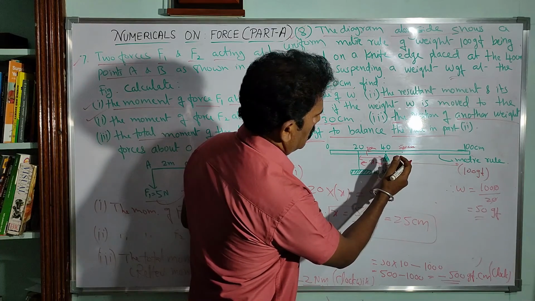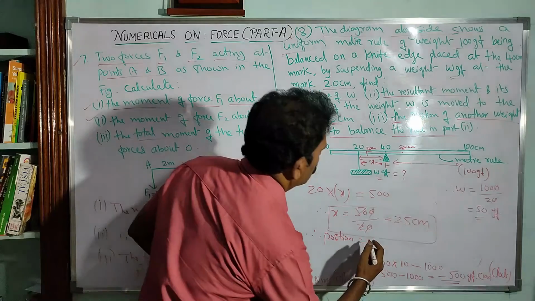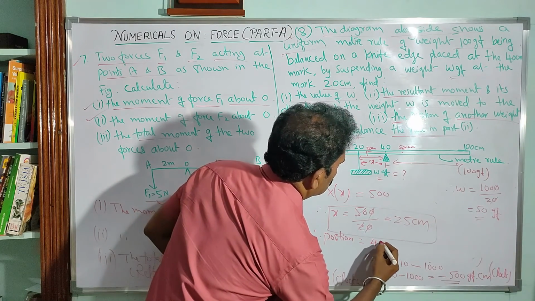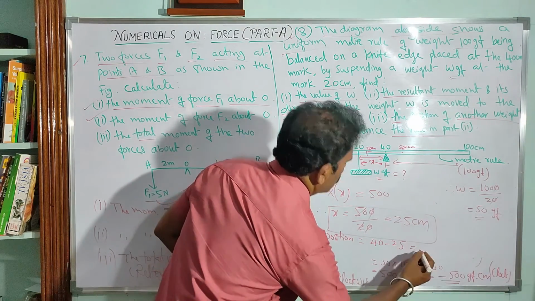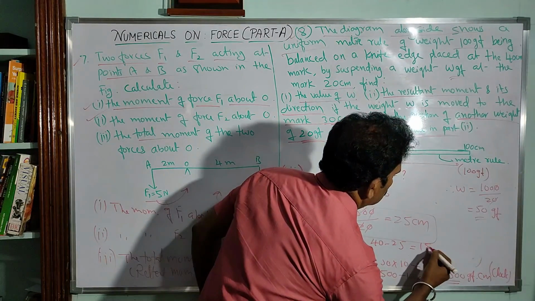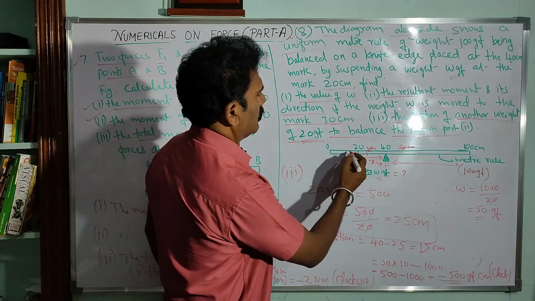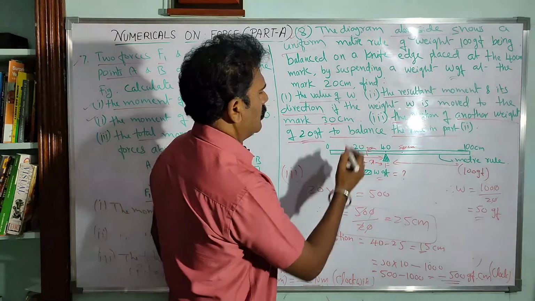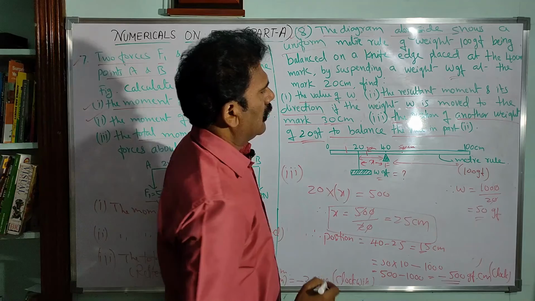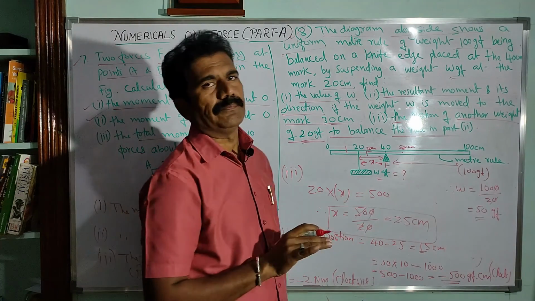That means the distance from the fulcrum to the new force, that is 20 GF, is X equal to 25 centimeter, right? So therefore you have to consider 40 minus 25. Position 40 minus 25 is equal to 15. So at 15 centimeter from left, somewhere here, you have to hang the new weight, that is 20 GF, to balance the beam.